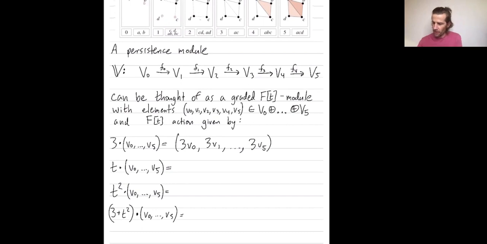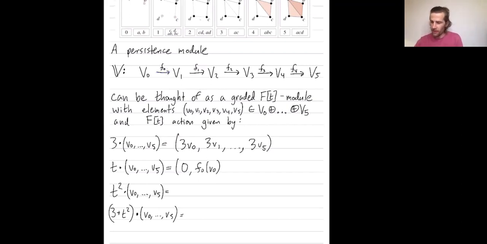T acts on this element. So in the first entry, we always have 0, just because there's nothing mapping into V0. But on the second entry, I'm going to map V0 under F0 to get an element in my vector space V1.